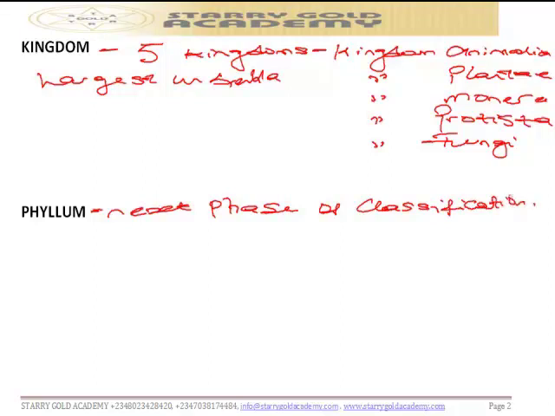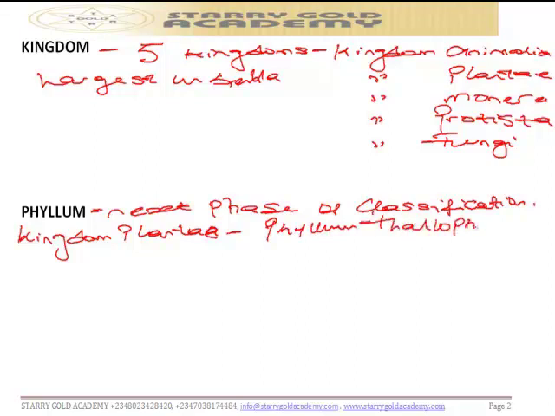In the kingdom Plantae, we have three phylums. We have the phylum Thallophyta. All these phylums have their own characteristics.